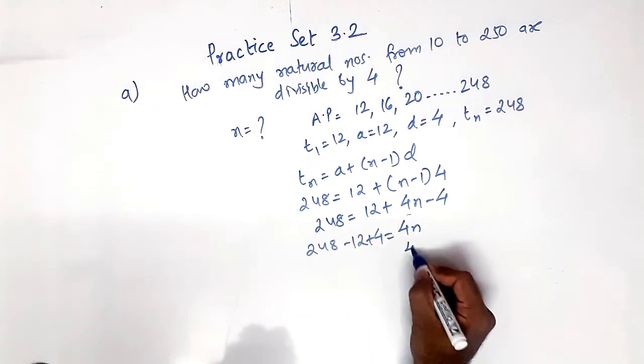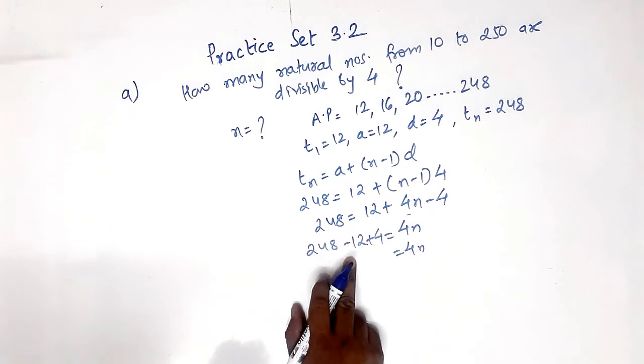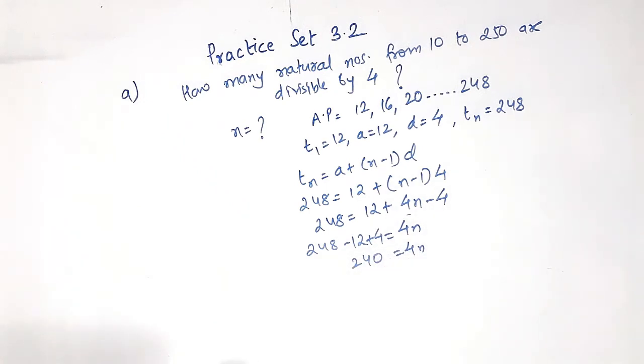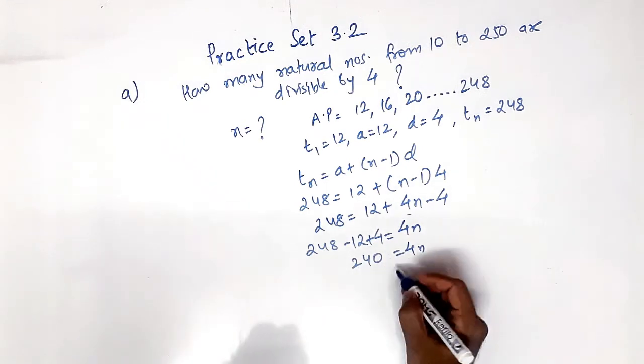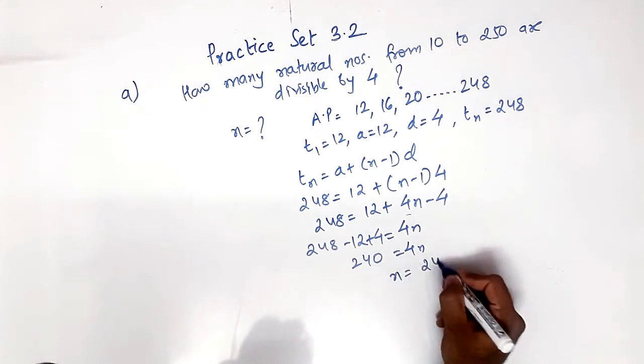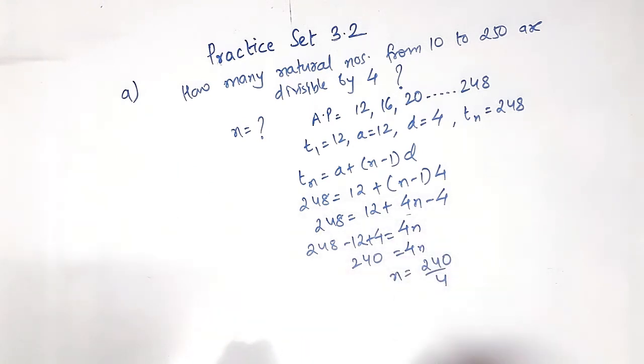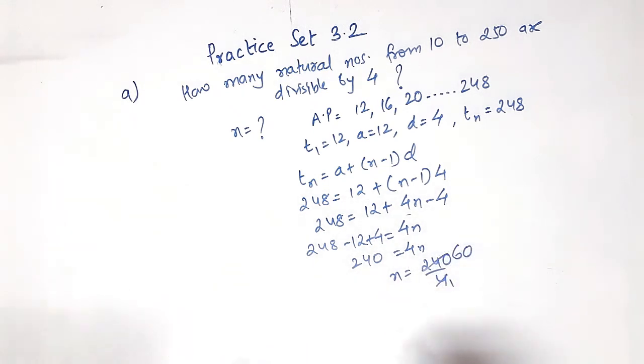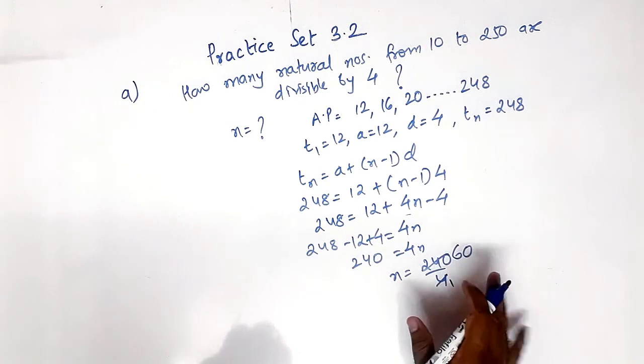So 4n equals, what is 248 minus 12? It is 236. 236 plus 4 is 240. Now n is equal to 240 by 4. 4 1s are 4, 4 6s are 24, so n is equal to 60. So this is the 60th term.